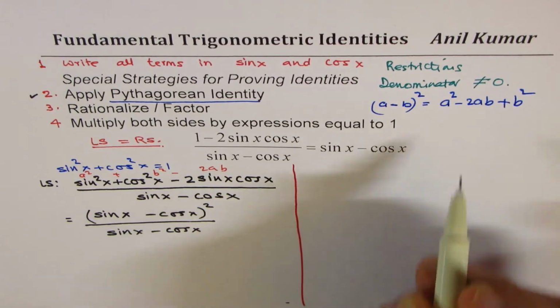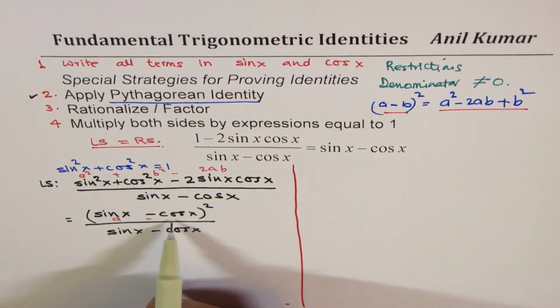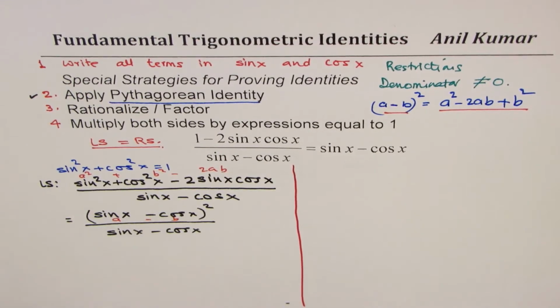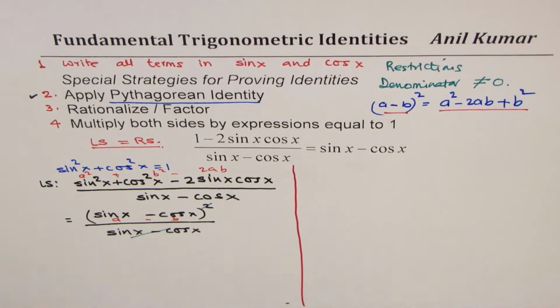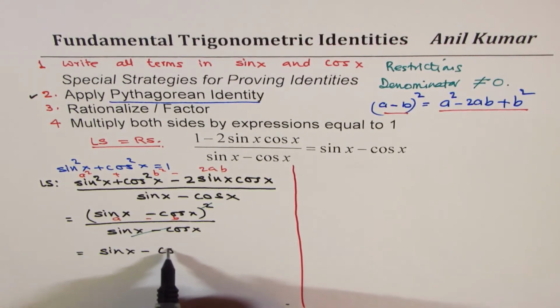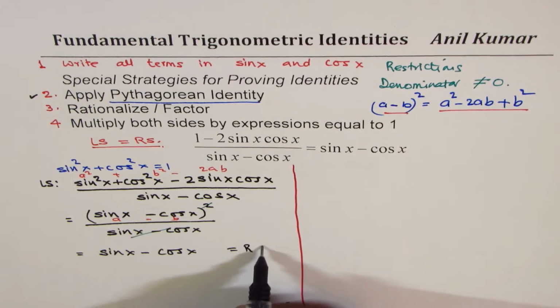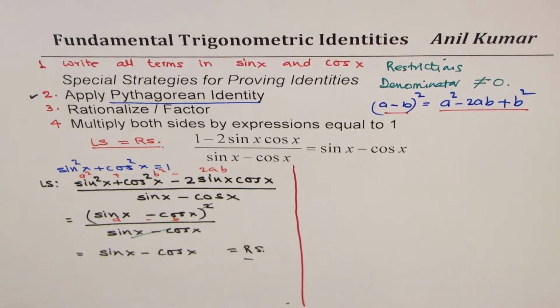We could apply this formula and write this as (a minus b) whole square. Is that clear? Once you write it like this, you could simplify, cancelling the square with the denominator. What do you get? You get sin x minus cos x, which is equal to the right side. So we have proven that the left side is equal to the right side, correct?